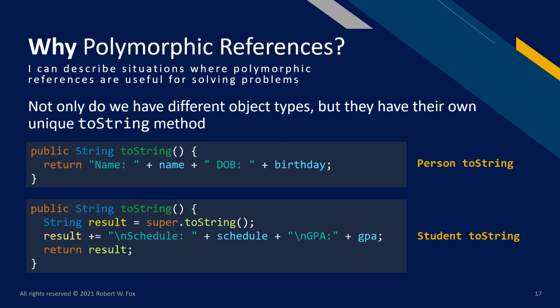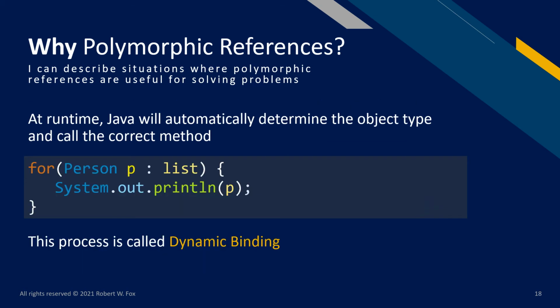So how does all that work? When we go to print this array list, we've got two different types of objects, and each of those objects has its own toString method. How can this code handle both of those at once? And the answer is that when we're going through each person P in the list, Java will take a look on the fly at what type of object we're printing.